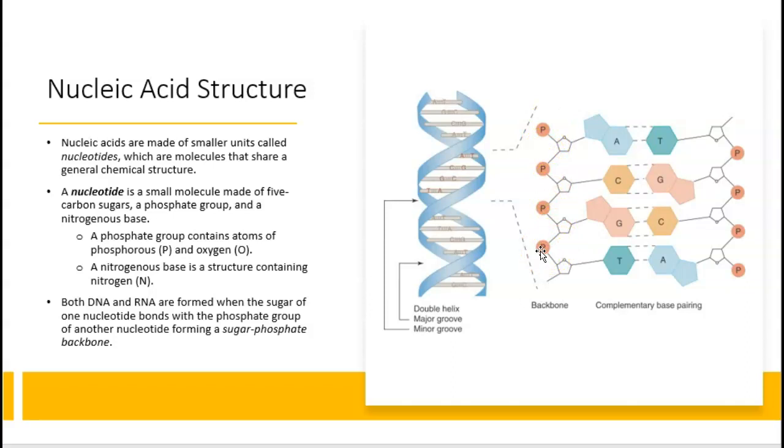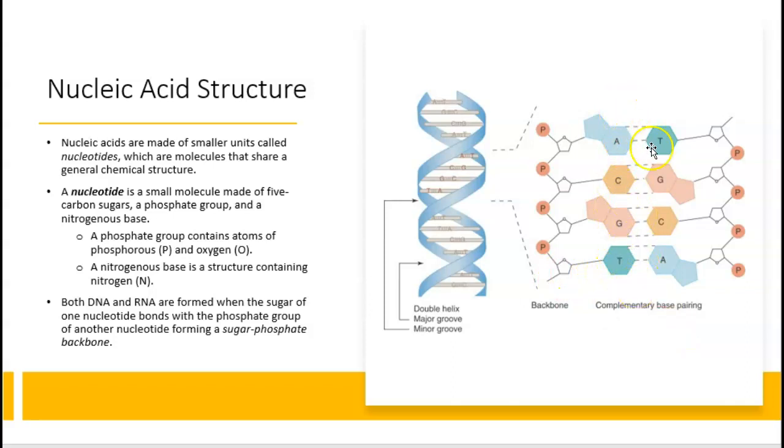And then the sugar is this little structure here. It's a ring. It's got carbons and oxygen in a ring. Right, it gives us this little pentagon shape. That is the sugar. The third part is the nitrogenous base.